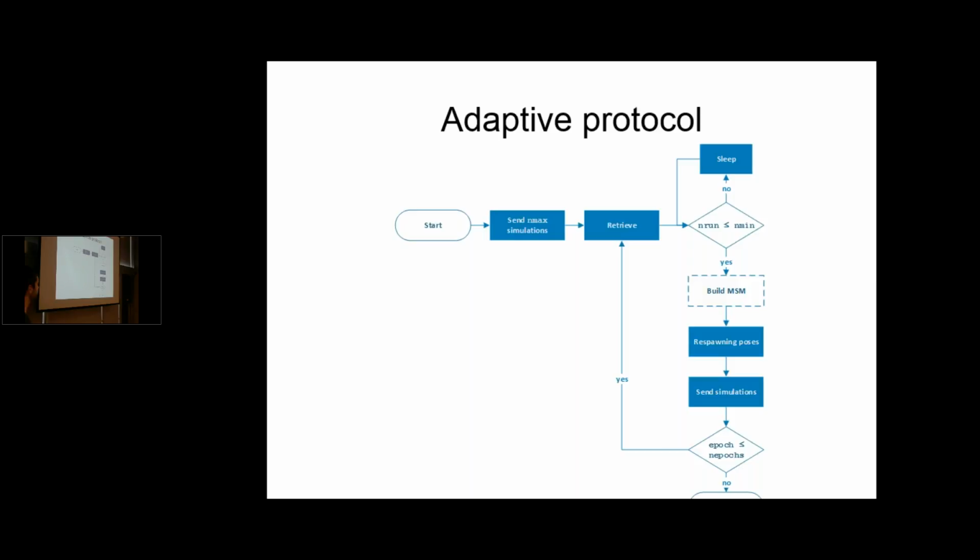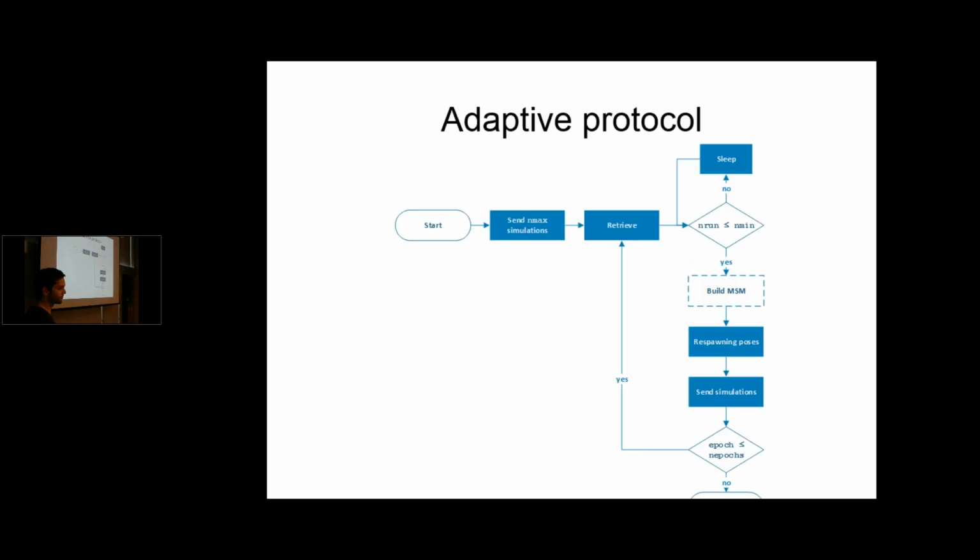We devised a protocol which works as follows. You start your adaptive sampling and send out a number of simulations, n max we call that. So let's say you send out 20 simulations. You keep polling for completed simulations by retrieving them, so you see how many have completed. We set another limit, n min: if you have fewer than n min simulations running at any time, you will create a new model, calculate new poses, and send out new simulations.